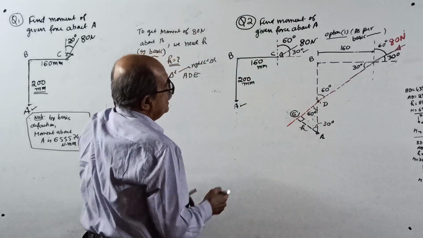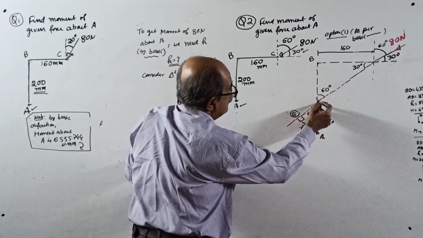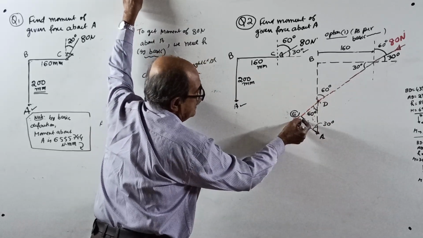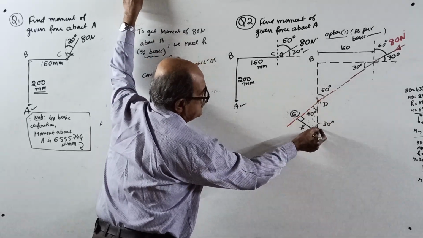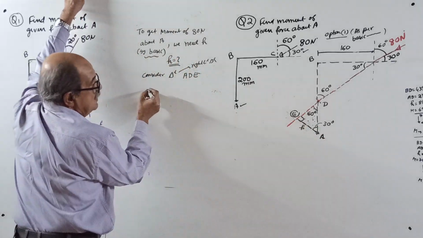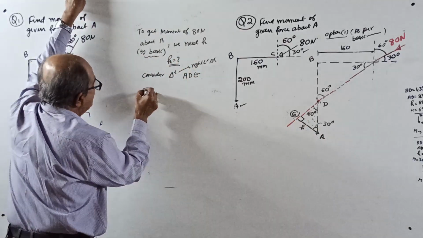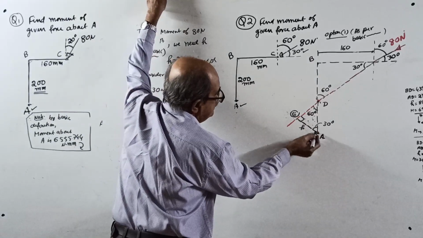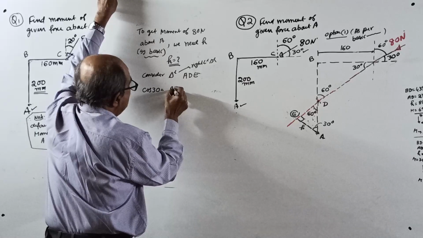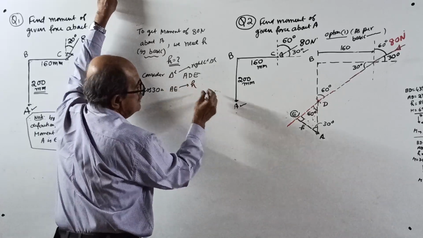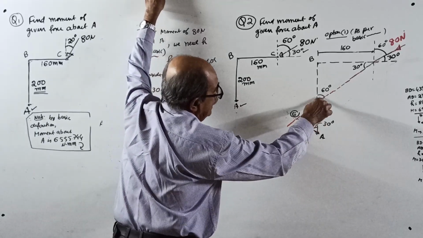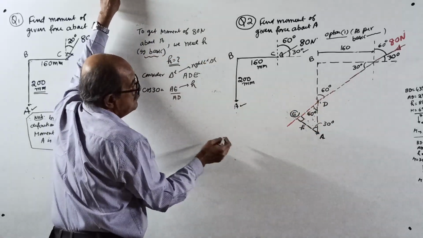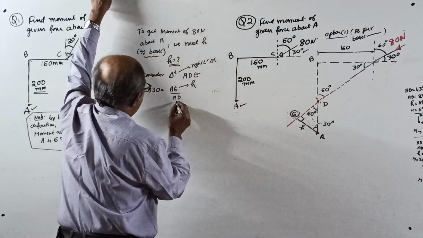Now I want to get the value of H using the AD value. If you use 30 degrees, cos 30 equal to AE, which is nothing but your H, divided by the hypotenuse AD, because there is 90 degrees here.